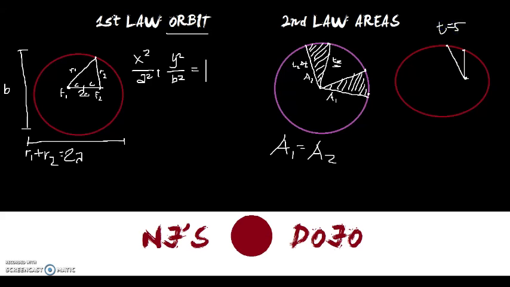Let's say 5, let's give a random value. Okay, so we have this area. Another goes for here. If a planet is at this area and it moves to this area, for as long as it's 5 seconds, area 1 will always be equal to area 2 for as long as the time interval is at a constant rate.